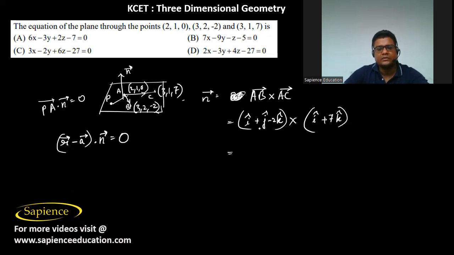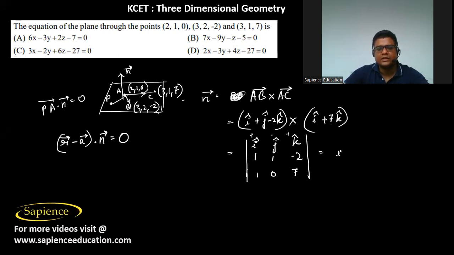So this will be equal to the determinant of I, J, K, 1, 1, minus 2, 1, 0, 7.